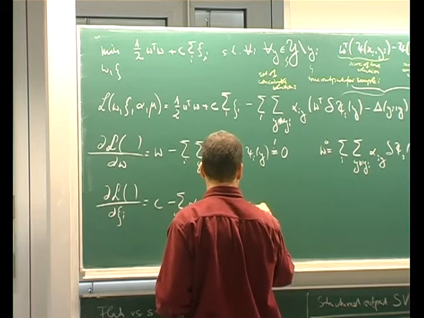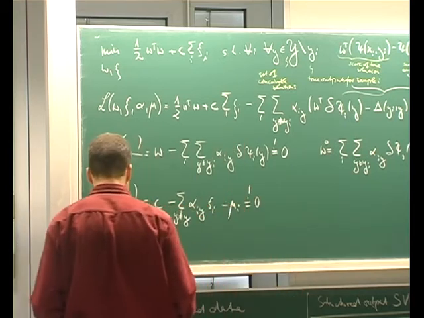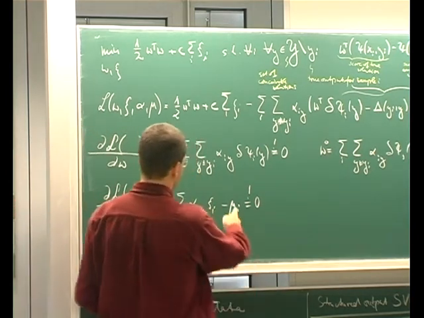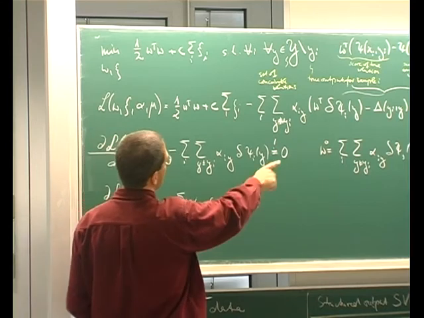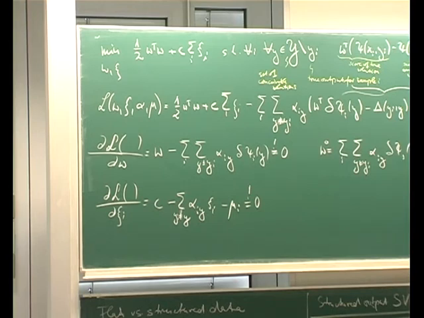Which should also be 0. Okay, so we gain another condition, and we can insert these two into the Lagrangian, giving us our Wolfe dual.